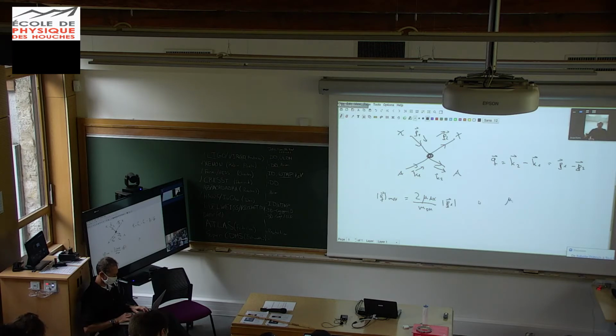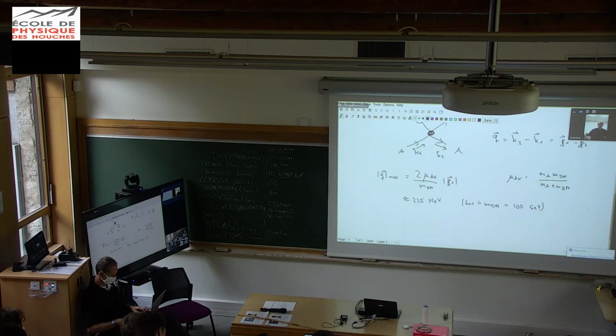Here mu A chi is the reduced mass, m A times m dark matter divided by m A plus m dark matter. For a 100 GeV dark matter particle, this is about 225 MeV. So that's about the range for the momentum transfer.